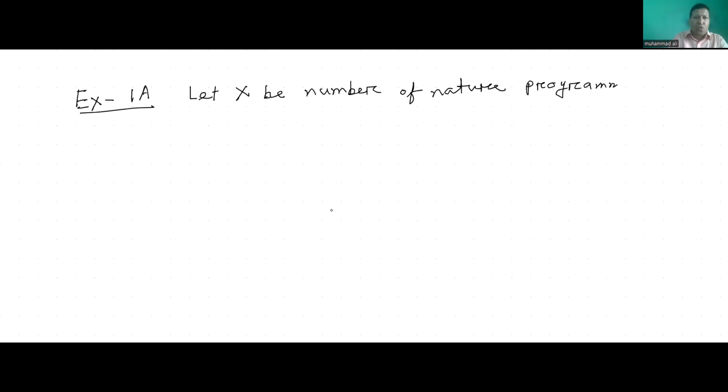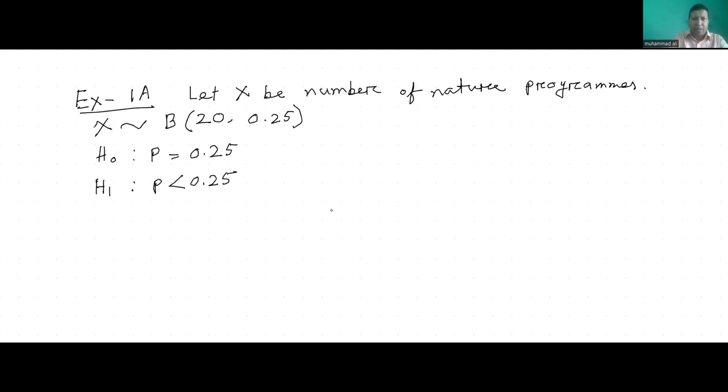Then X follows a binomial distribution, with total number of programs 20 and probability 0.25. The null hypothesis H0 is probability equals 0.25, and the alternative hypothesis H1 is probability less than 0.25. So this is part A.